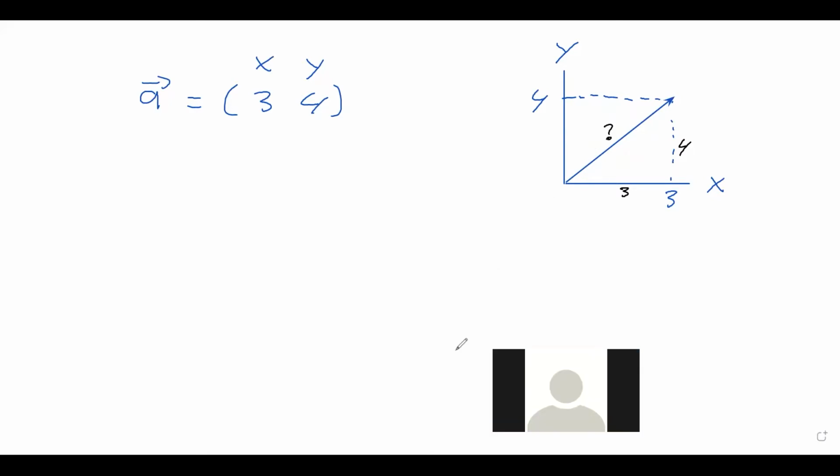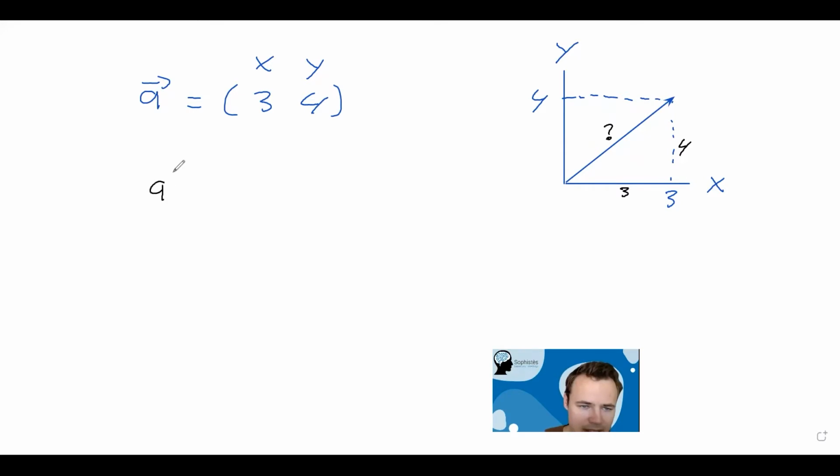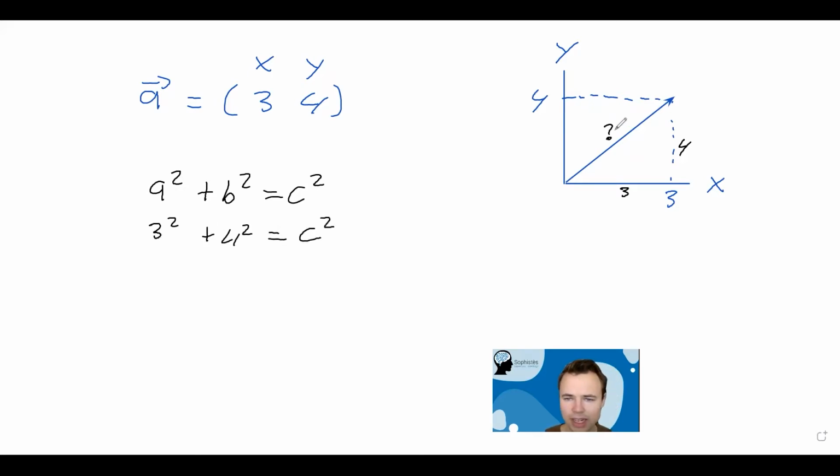You could use a squared plus b squared is c squared, right? That's what you learned in high school. So you could do 3 squared plus 4 squared is c squared, so the length of this arrow. Well, 3 squared is 9, 4 squared is 16, and then we can add that together.